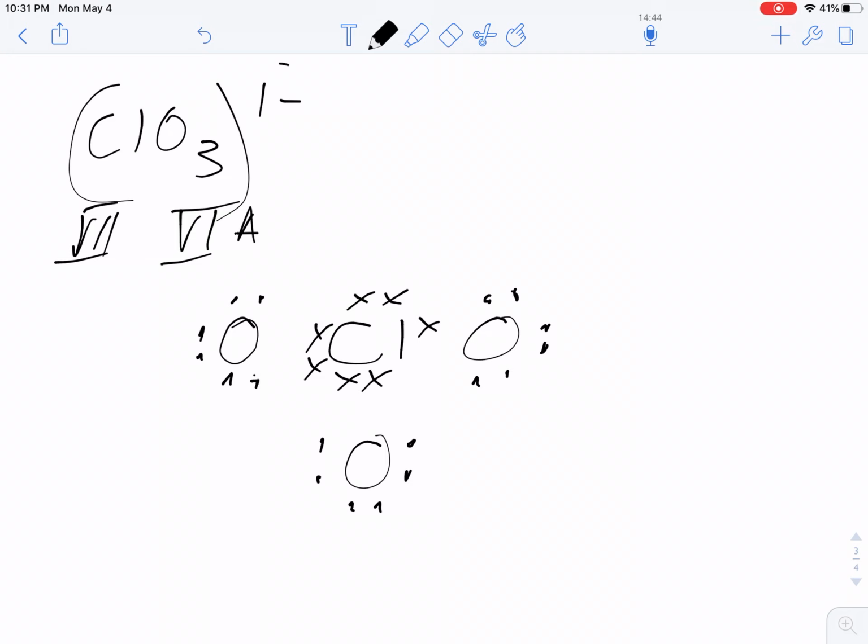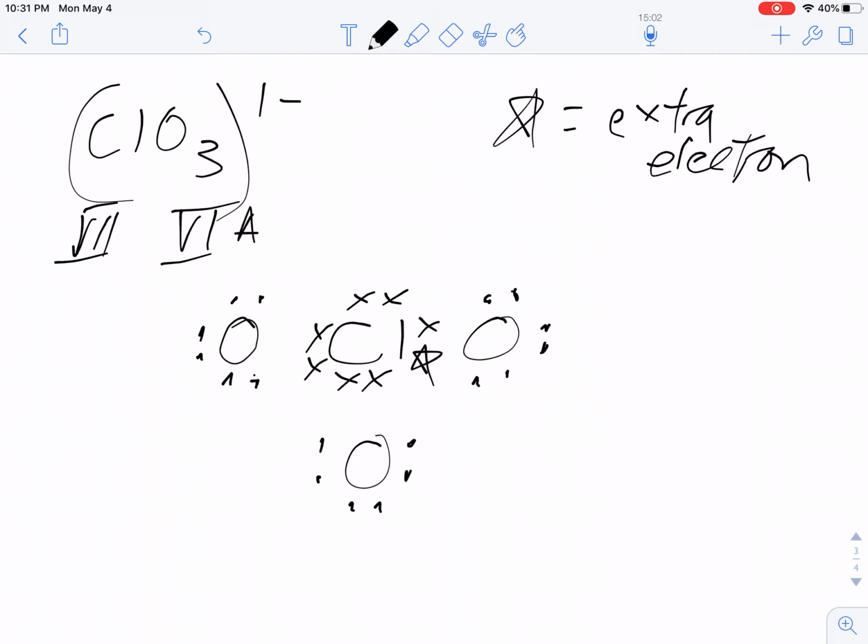Now, the negative charge means that I get 1 extra electron that I can put anywhere. Okay? So I'm going to represent that extra electron with a star. So I'm going to put a star right there, okay?